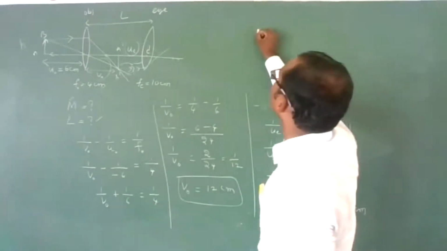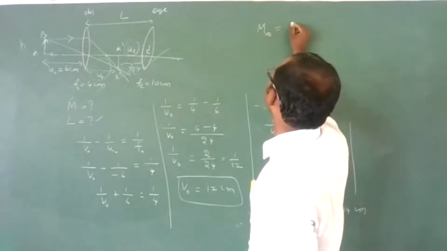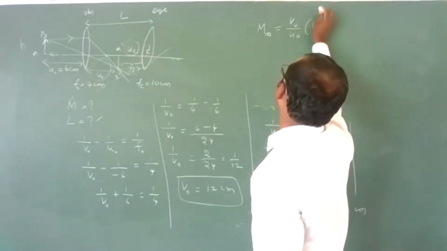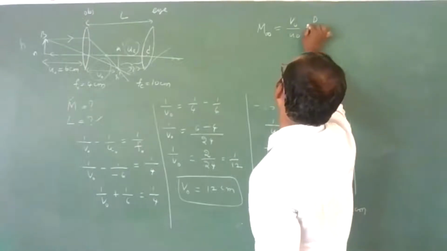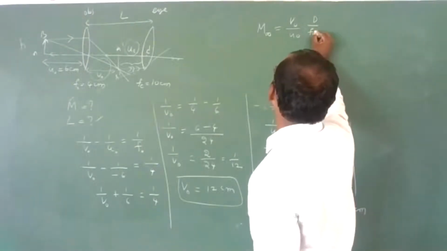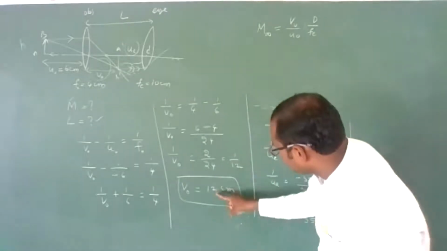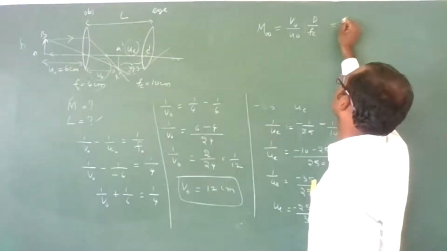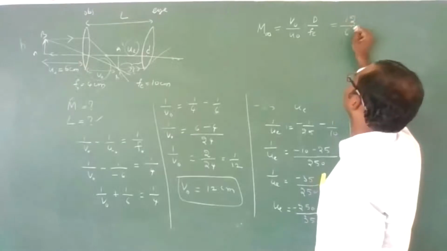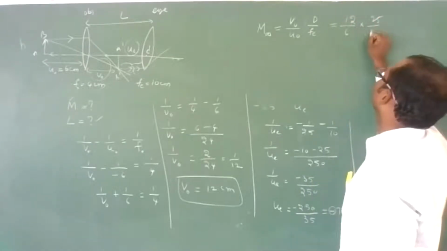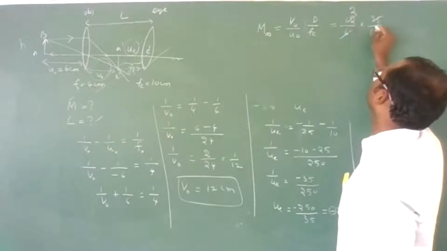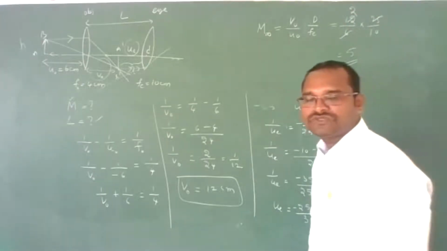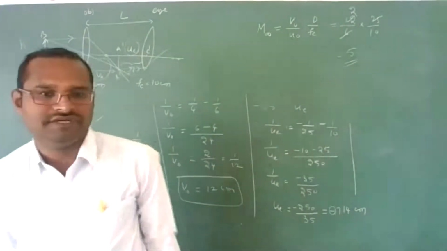When the image forms at infinity, the magnification formula is V naught by U naught into D by F. V naught already calculated, D you know, F you know, substitute. Means 12 by 6 into 25 by 10, which is 2 into 2.5, means 5 units. Magnification will be 5.